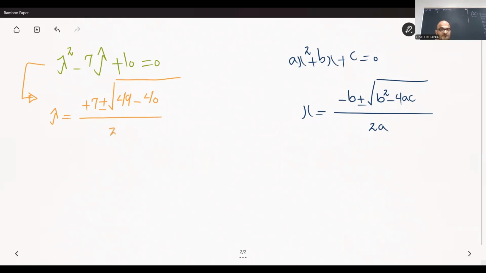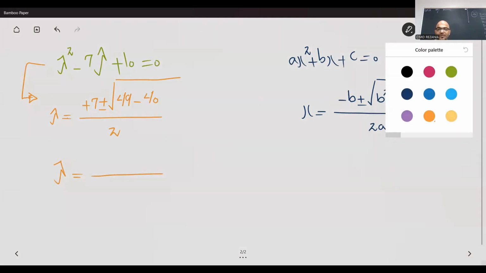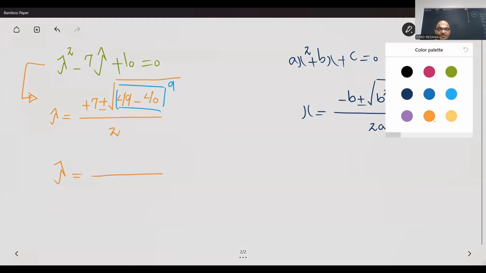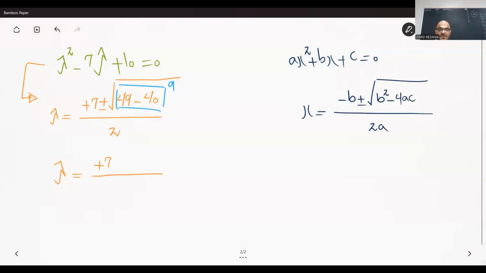2. Now, you see, we have here lambda equals, I'm going to simplify that. You see, very surprisingly, it's a very easy one. 49 minus 40 becomes 9. Square root of 9 becomes 3. Then it becomes so easy. Plus 7 plus or minus 3 divided by 2.